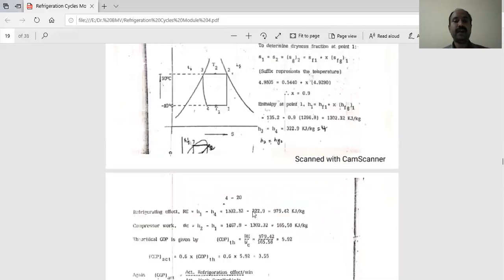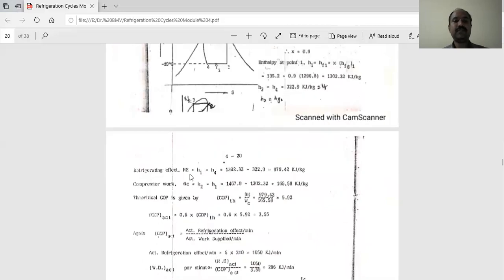Then we have to find the refrigeration effect. The refrigeration effect is produced in the process 4 to 1, so the expression is H1 minus H4, which gives 979.42 kilojoules per kg. Then compressor work Wc is equal to H2 minus H1, which is 165.58 kilojoules per kg.